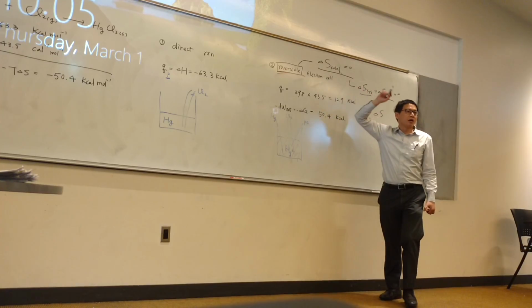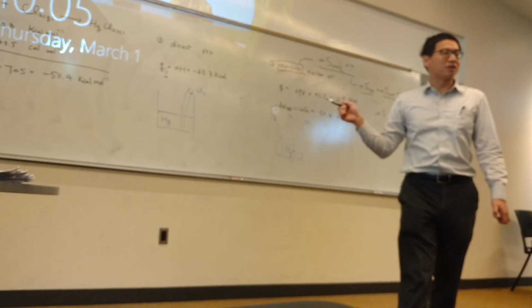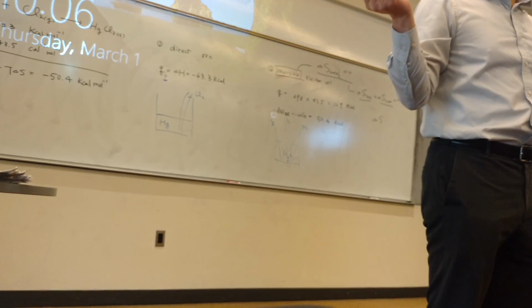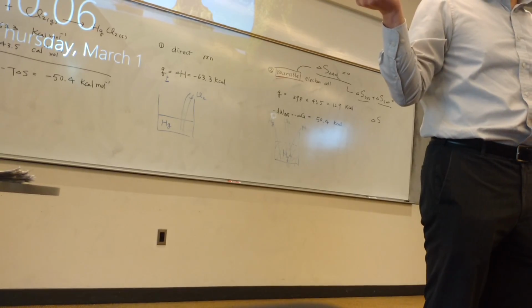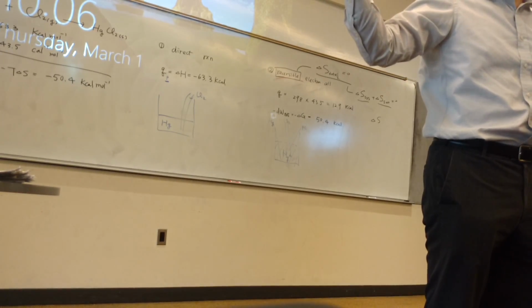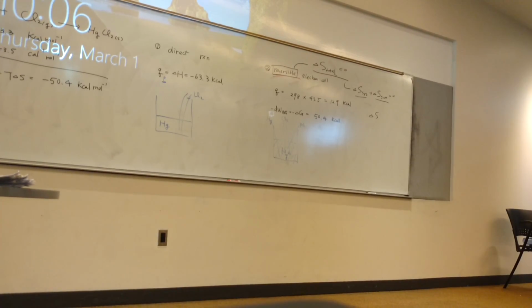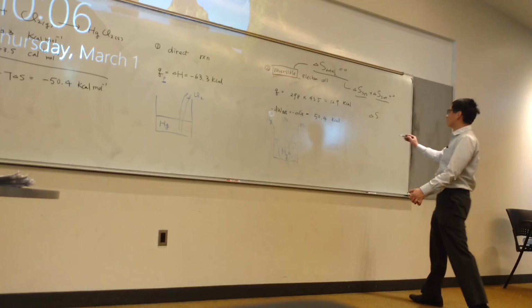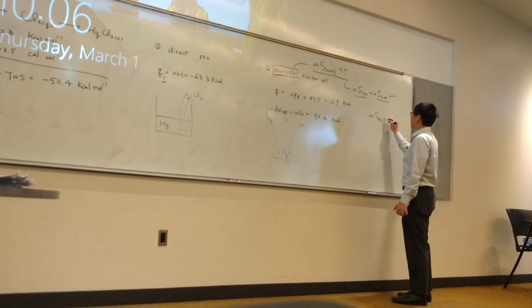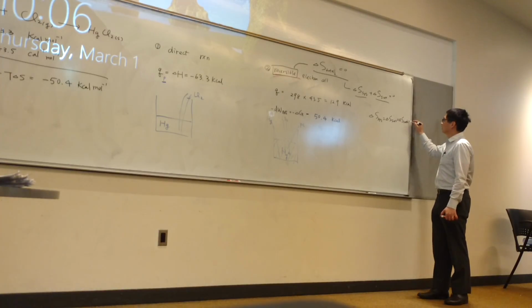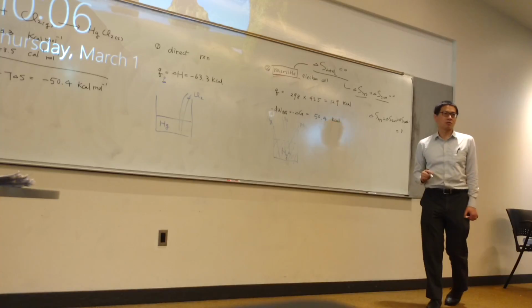And because it's adiabatic, there's no heat change. That means delta S system equals 0. It also means delta S surrounding equals 0. So from a single sentence, reversible adiabatic, you just know delta S system, delta S surrounding, and delta S total all equal 0.